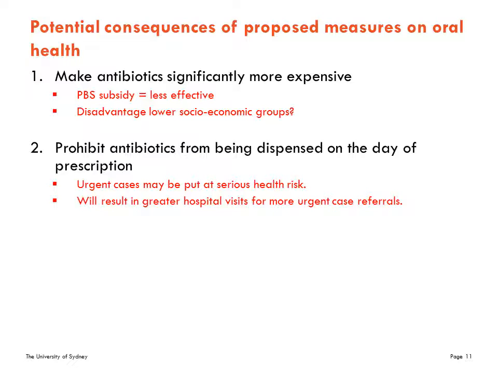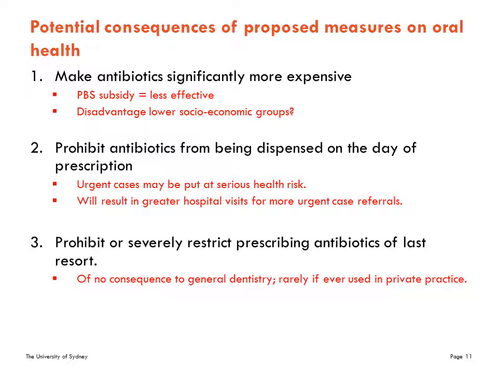If we prohibit antibiotics from being dispensed on the date of the prescription, well, urgent cases may be put at a serious health risk, and the delayed treatment may result in greater hospital visits as the case worsens. 3. Prohibit or severely restrict antibiotic prescription of last resort. This is of no consequence to general dentistry, as we rarely use these last resort antibiotics.